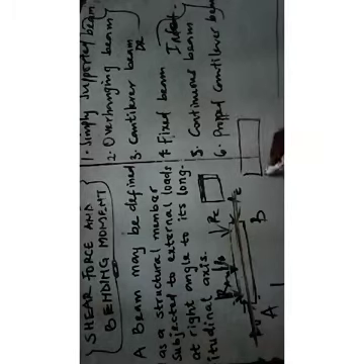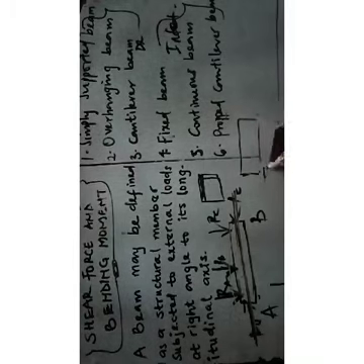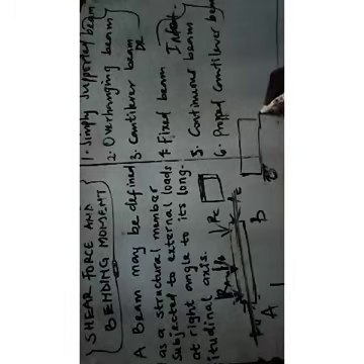Now, when the two ends of a beam, for example this is a beam, when the two ends of this beam are simply supported, let's say one is placed on a roller and this is placed on a hinge, this beam is simply supported.